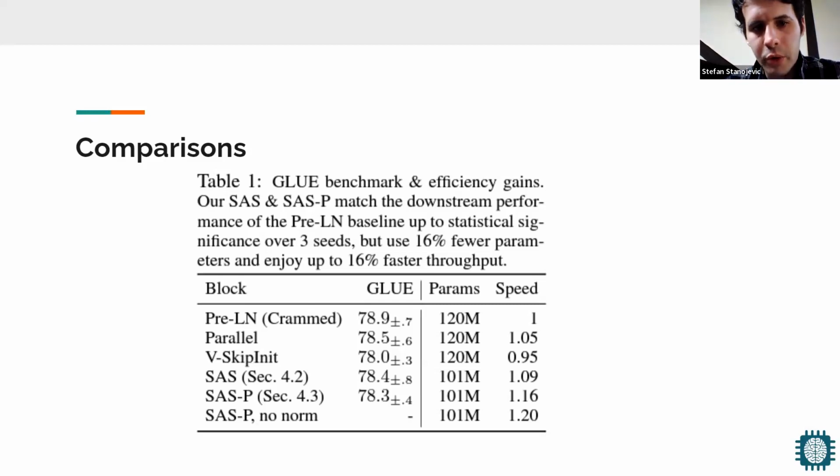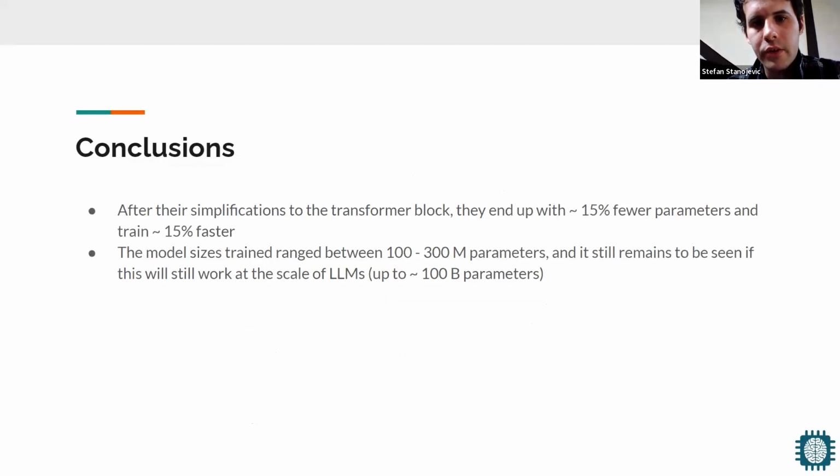So similar performance, but fewer parameters and faster. Basically, just to repeat, they managed to come up with a similarly performing model with fewer parameters that trains faster, and also with a significantly simplified architecture of the transformer block.